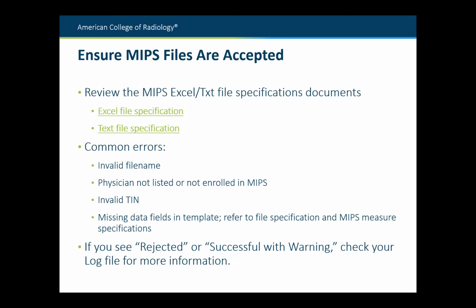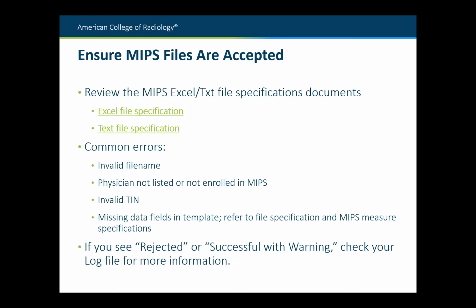It could be an invalid TIN as well. Some people have noticed, if they accidentally add a space after a TIN or something like that, it can invalidate your submission. And then there could also just be missing data fields. So, denominator information that's supposed to be there, or incorrect numerator codes, something like that. Those can all cause some errors when you're uploading your files.